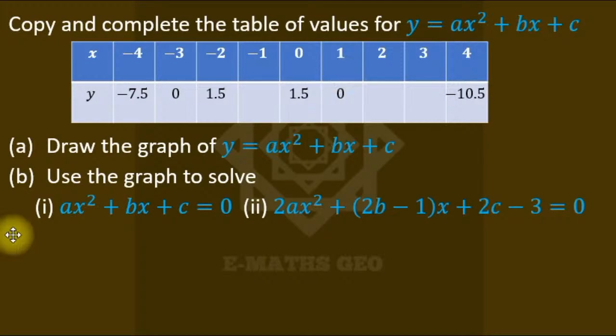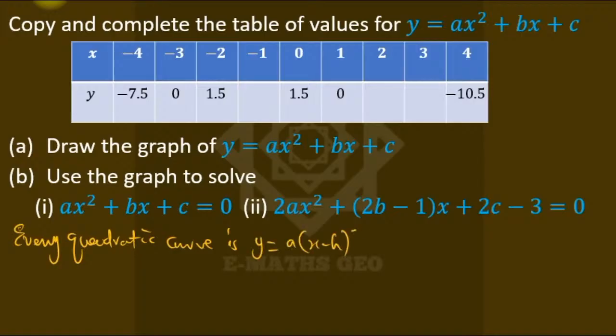Before then, this one is the general form of the quadratic curve, but we can still write it in terms of the center. So a quadratic curve is always y equals a bracket x minus h squared plus k, or a bracket x minus alpha times x minus beta.